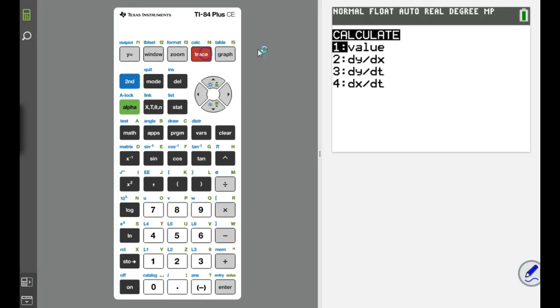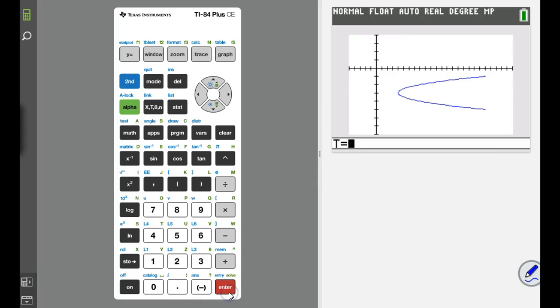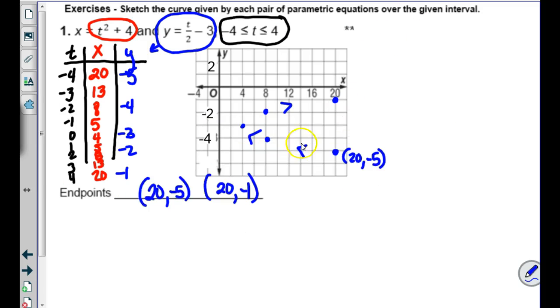If you go second trace, I can't do anything except calculate the t value. Okay, I can put in t equals 3 and it'll jump there, but I can't do anything else. I can't figure out where the x and y are. All right. Any questions? So I'm going to make this a nice smooth curve and move on.